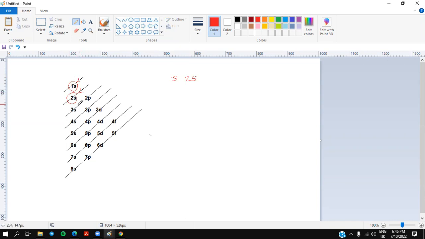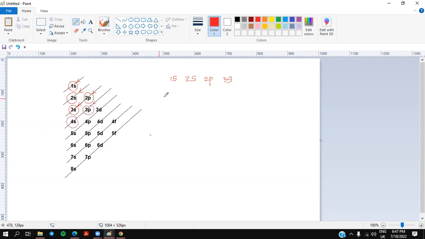We go to the third line. The third line first cuts through 2p and then 3s. So 2p, 3s. After the third line, we go to the fourth line. In the fourth line, we have 3p first, 4s next.